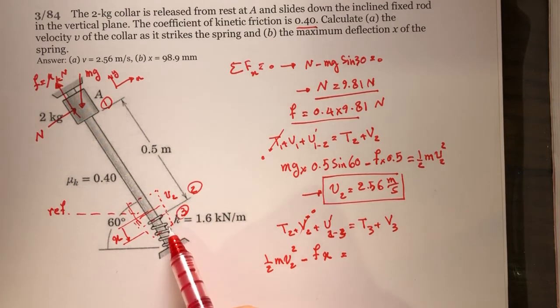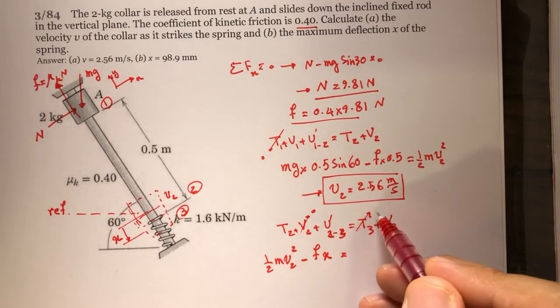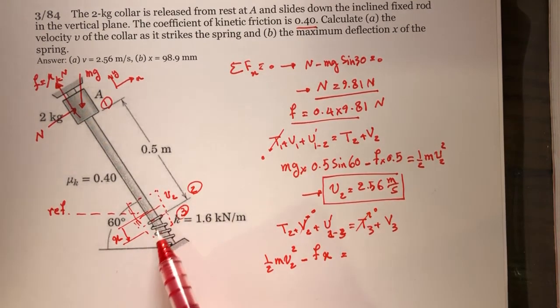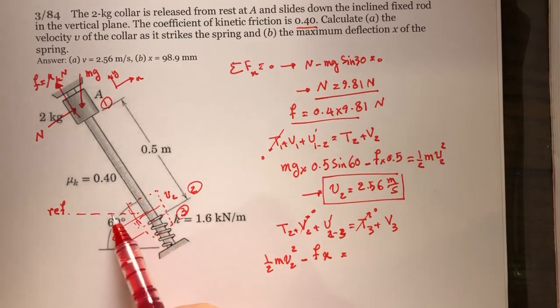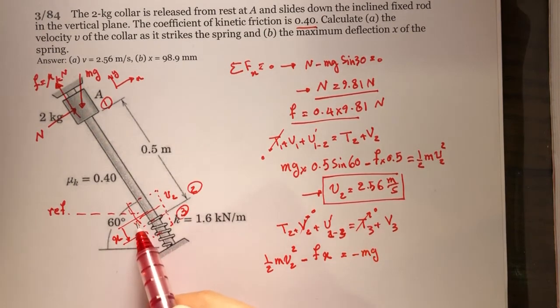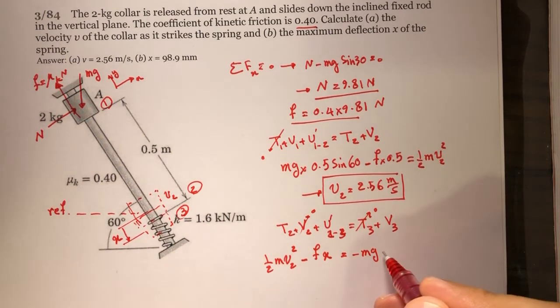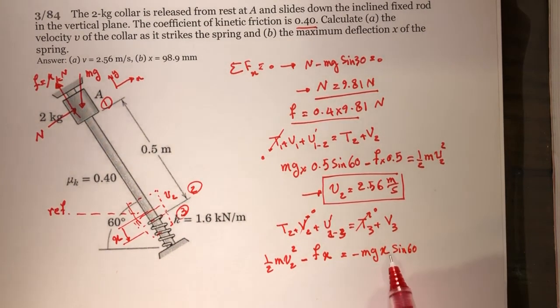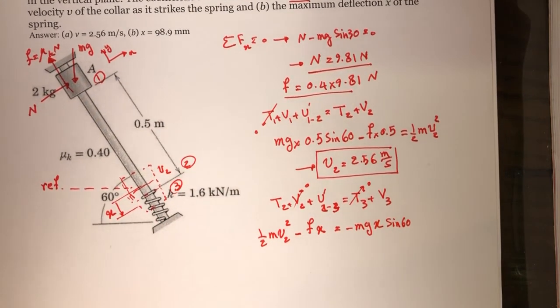So there is no kinetic energy at that point. The gravitational potential energy is going to be negative because it is below the reference line. So we need negative mg times the height, which is x times sine of 60. It's going to go down, so the height decreases by x times sine of 60.